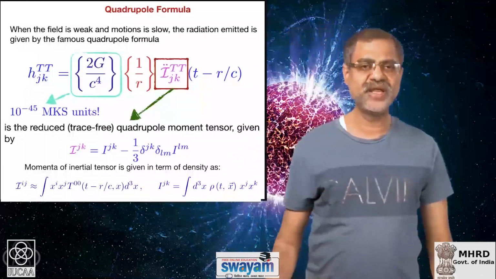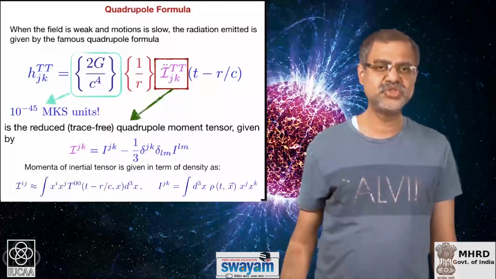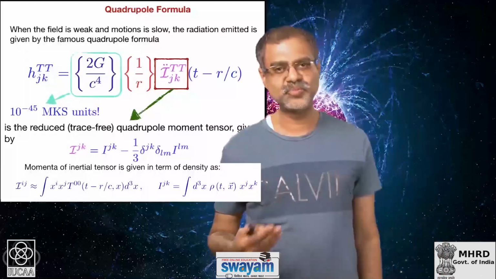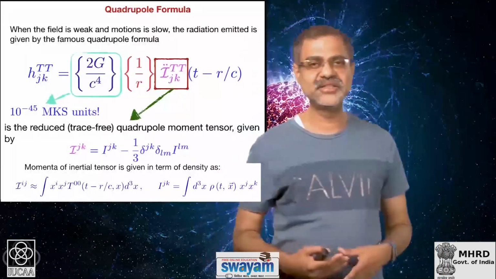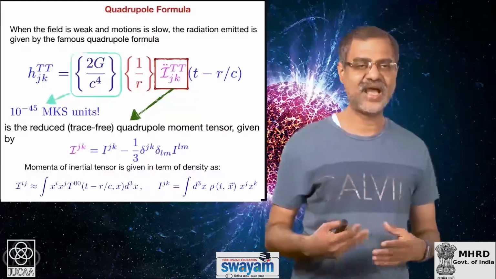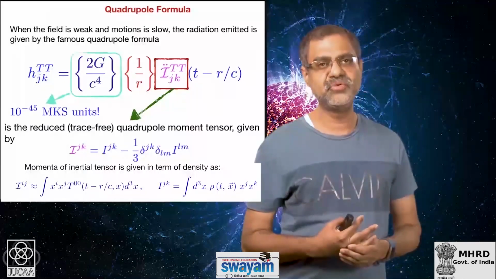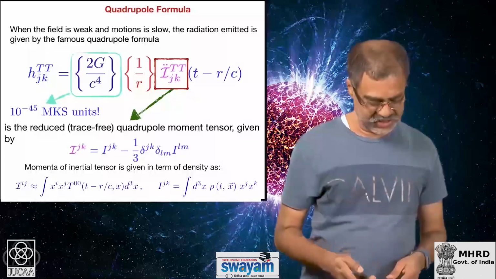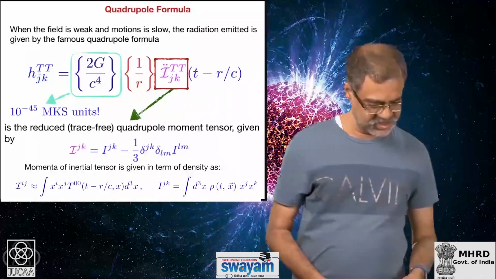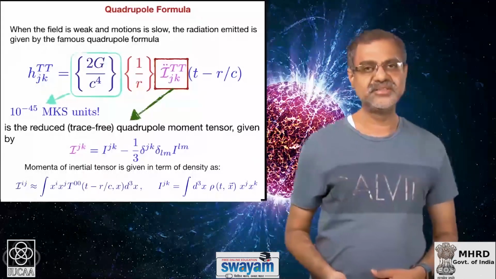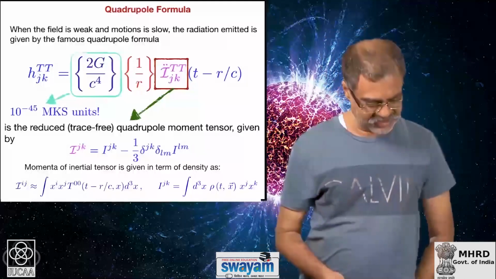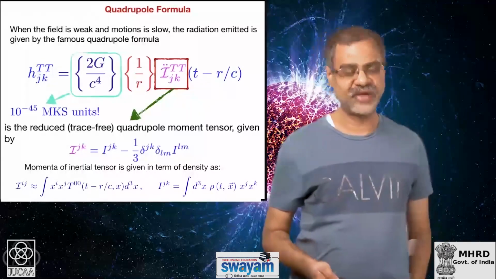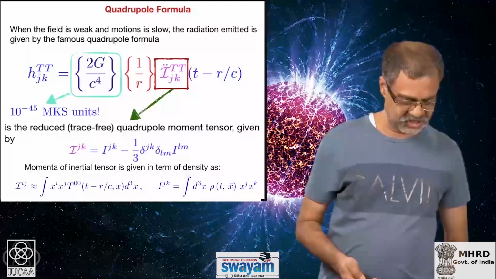So, essentially for a given density distribution, you can calculate the quadrupole moment and take the second derivative of that. That in turn will tell you how much gravitational wave amplitude is emitted. So, this is essentially the exercise which we go through while calculating the gravitational wave radiation.